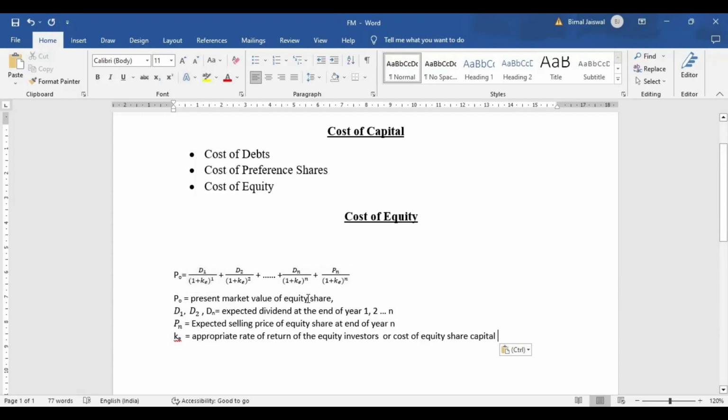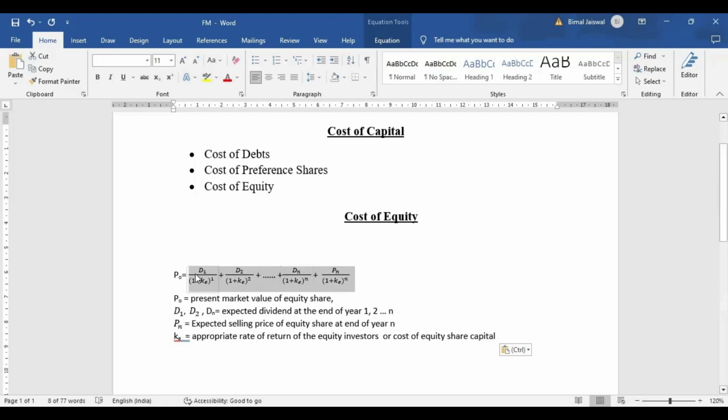And PN is the expected selling price of the equity share at the end of year N. Again, P0 is the market value of equity share. This is on the left hand side, and the other is on the right hand side. That means again, with the help of the trial and error method, we have to assume the value of KE as we used to do in calculating the cost of debts.